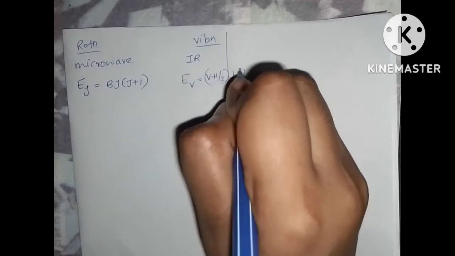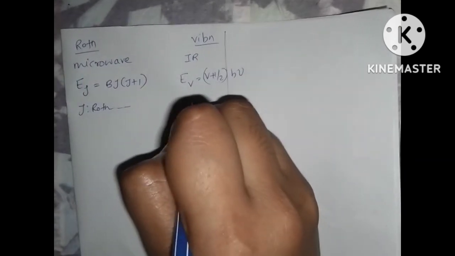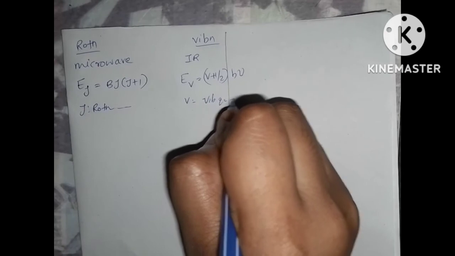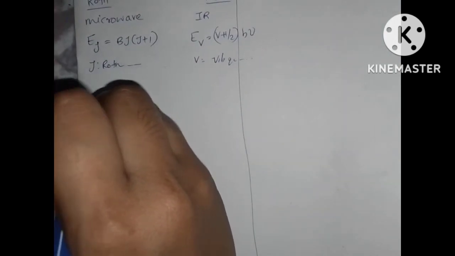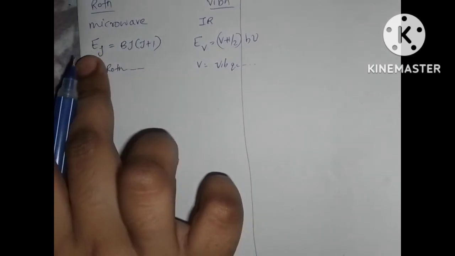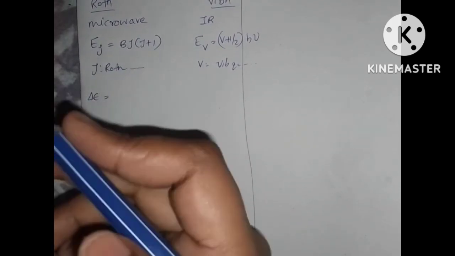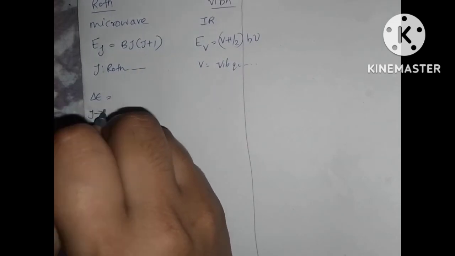Here J is the rotational quantum number and here V is the vibrational quantum number. This is the energy for each level, and this is the energy required for a transition, say from J to J plus 1.